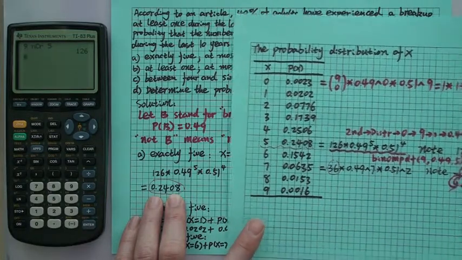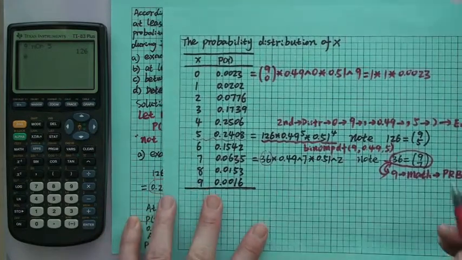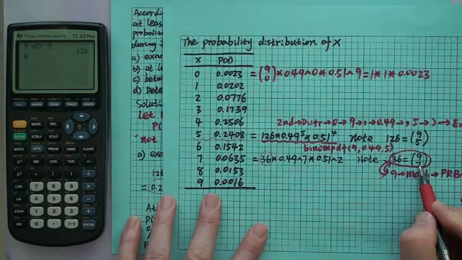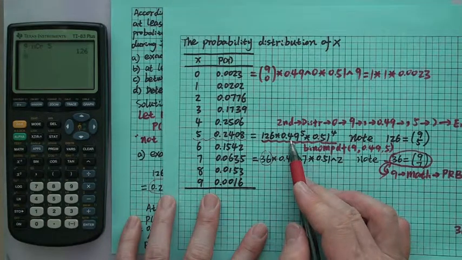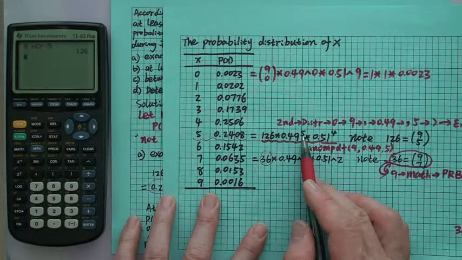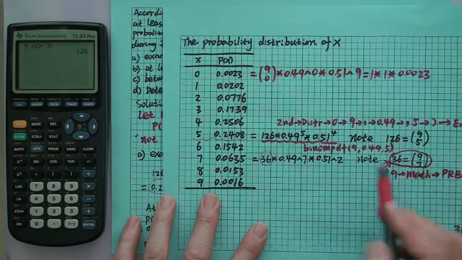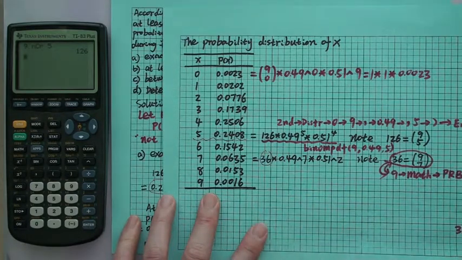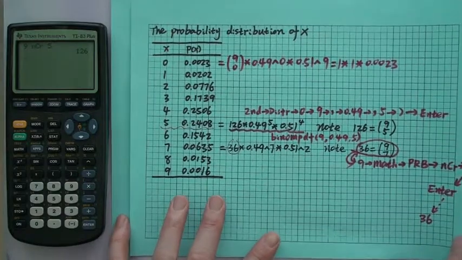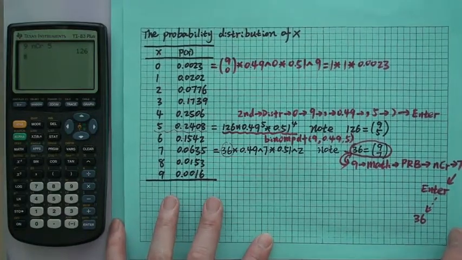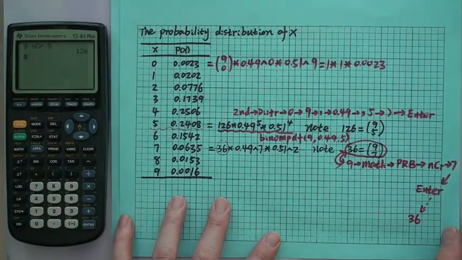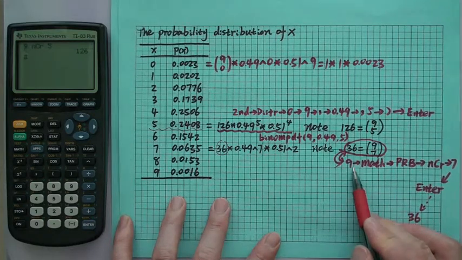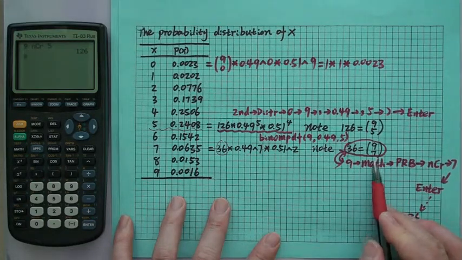How did we get that? That's 9 choose 7. For 9 choose 5 we had 126. Now you see I have put the detailed steps right here for 9 choose 7.